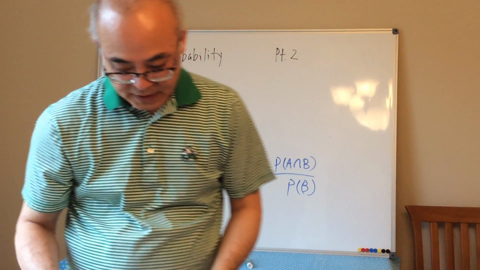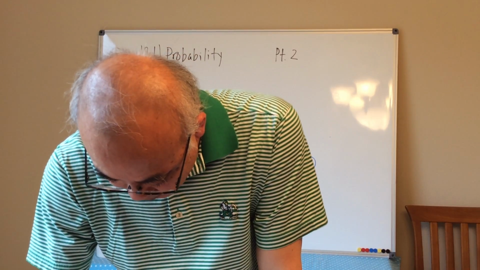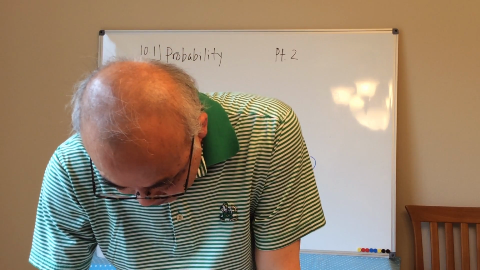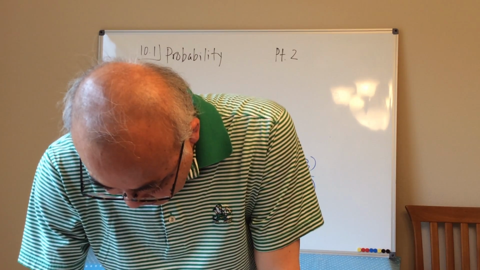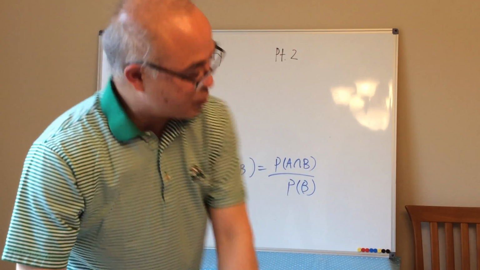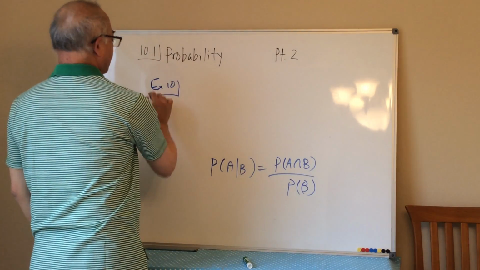Okay. Let's do example number 10. Suppose we have drawn a cookie at random from the jars described in example number 8. Given that it is a chocolate chip cookie, what is the probability that it came from jar A? So if you remember, go back to example 8.